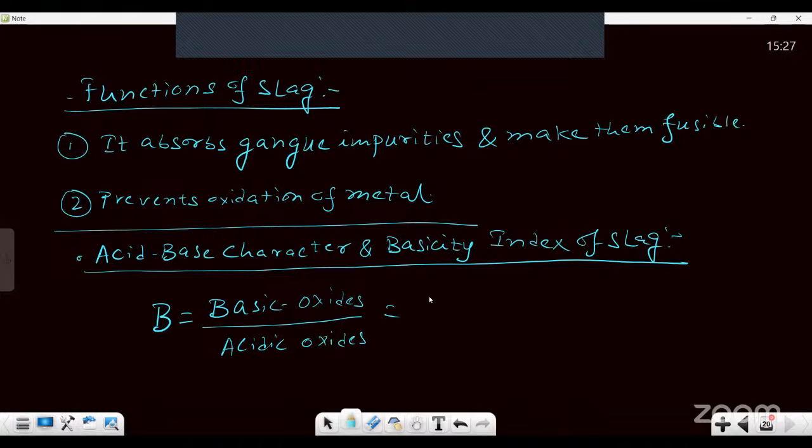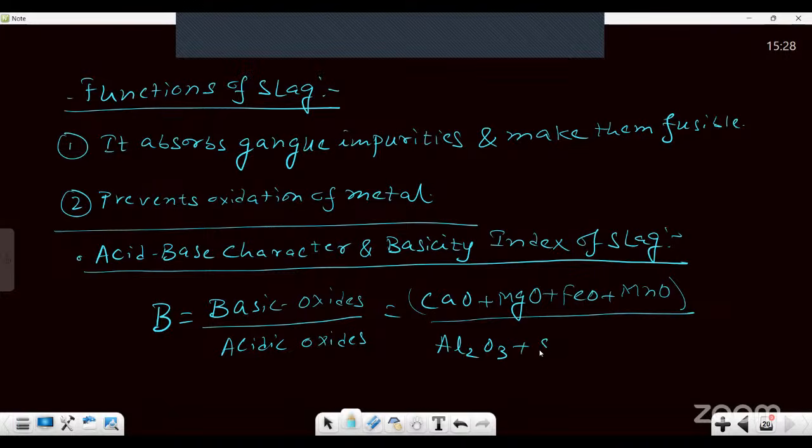That means it is CaO plus MgO plus FeO plus MnO. These are basic oxides. And what are acidic oxides? Al2O3 plus SiO2 plus P2O5. These are the acidic oxides.